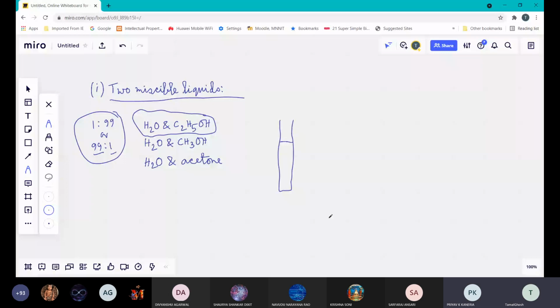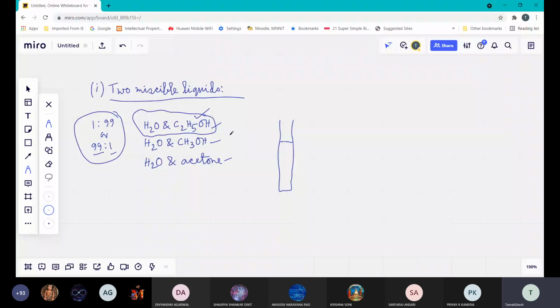So two miscible liquids we are considering. Water and ethanol someone can take, or someone can take water and methanol or water and acetone. So for our purpose, let us consider water and ethanol. Now here in a test tube, we are taking some volume of water and ethanol.